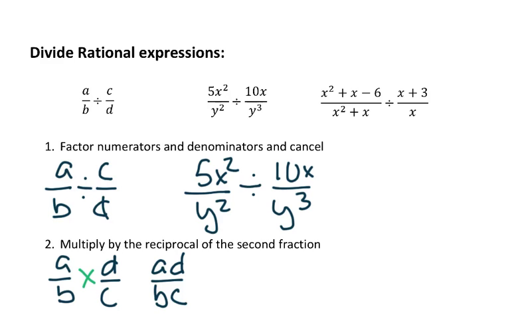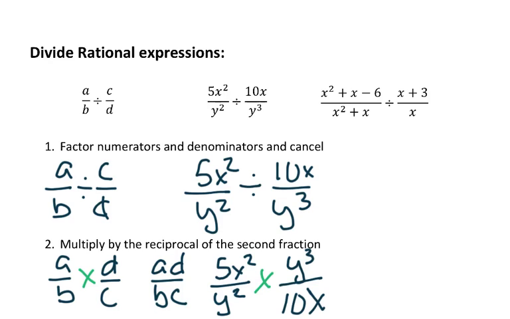There is nothing for me to factor out of the numerator and denominator, so I'm simply going to multiply by the reciprocal of the second fraction. This is me now flipping it. The y cubed goes on top, the 10x goes on the bottom, and I am going to do the multiplication.